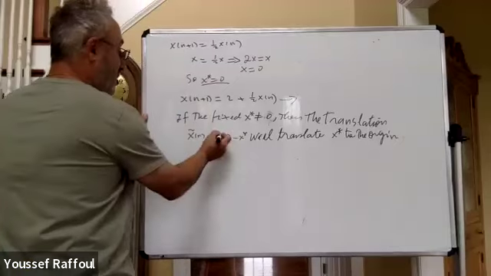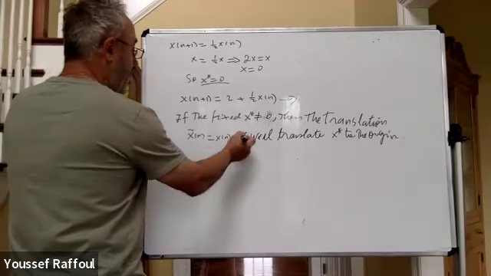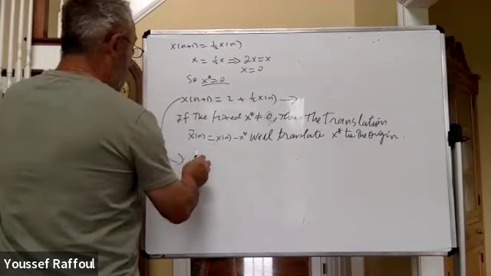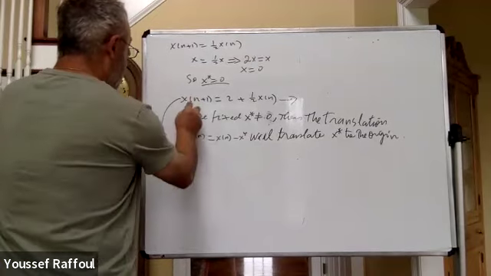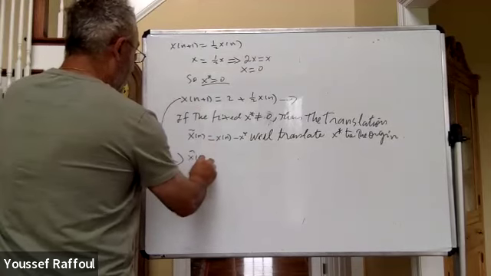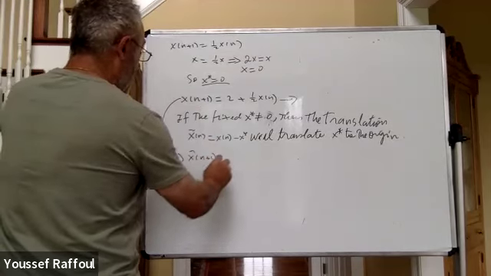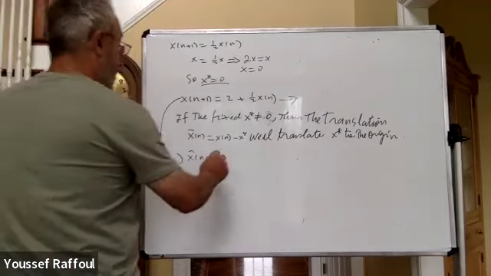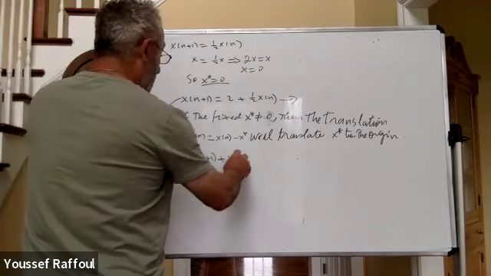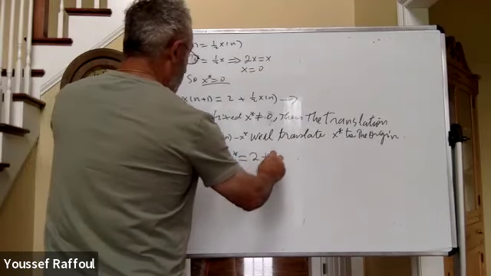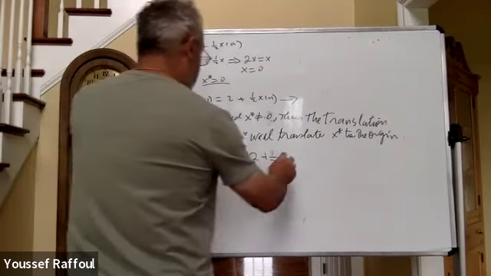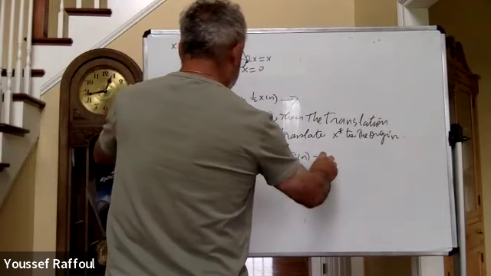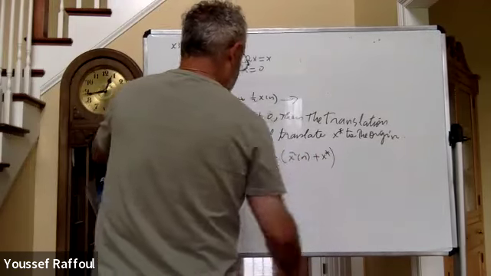Because for x equal x star, this is 0. So let's take a look here. We're going to have x star of n plus 1 plus x star equal to 2 plus 1/2 x(n) plus x star.